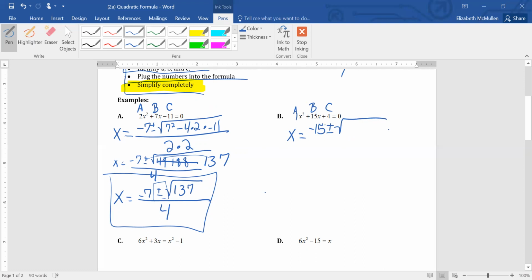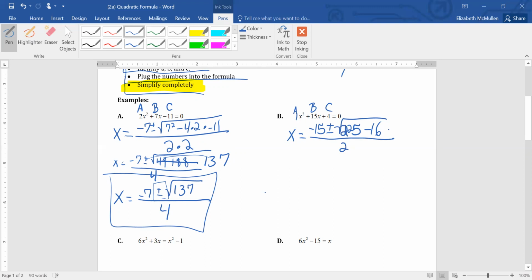Well, b is 15, 15 squared is 225, minus 4a, so negative 4 times 1 is negative 4, times c, which is 4, so negative 16, all over 2a. Well, 2 times a, which is 1, is just 2. Excuse me, not 125, 225.